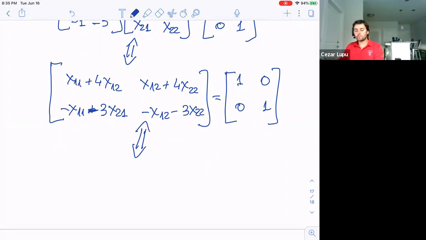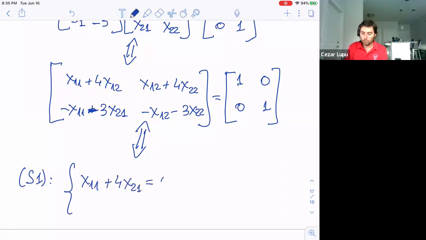so we equate the corresponding entries of the two matrices, and we obtain, guess what? Two systems. S1, let's write it, will be x11 plus 4x21 equals 1, and negative x11 minus 3x21 equals 0.